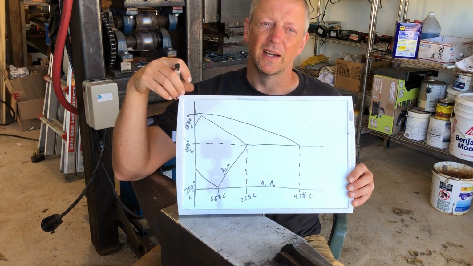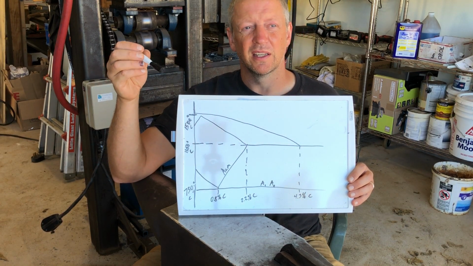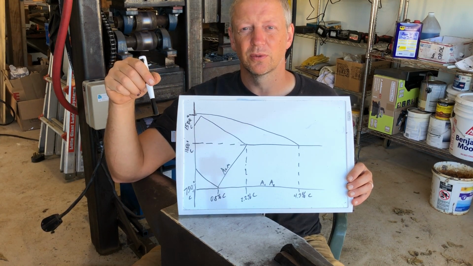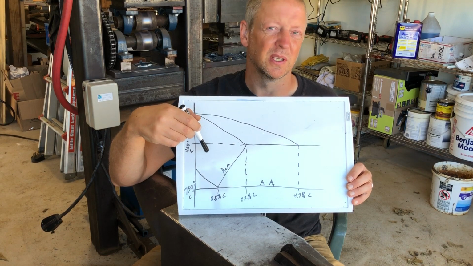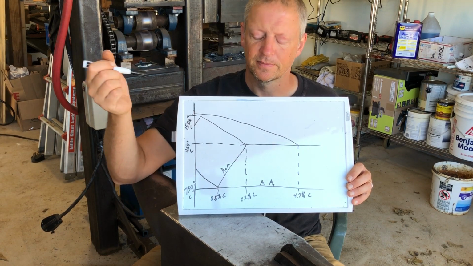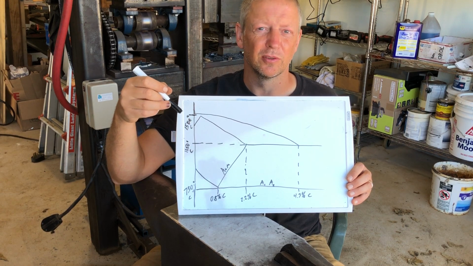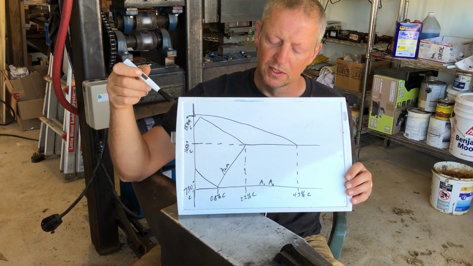And once you get to stainless steels, part of the reason that stainless steels have very, very specific heat treat requirements is because the area of pure austenite has become tiny. I do actually have a diagram of that, and I'll try to remember to post that on my Instagram account.